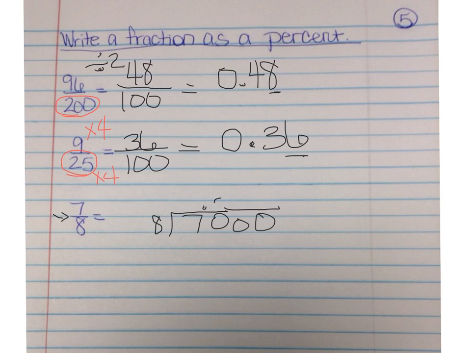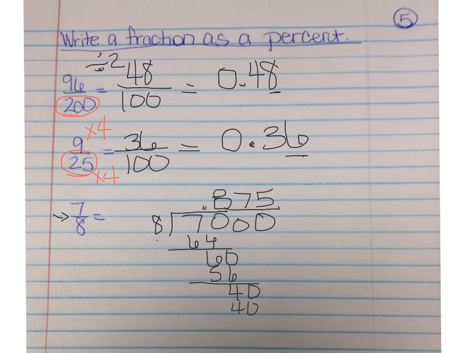Okay, so 8 goes into 70 8 times. That becomes 64. We subtract. 8 goes into 60 7 times, 56. And then we subtract again, we get 40. 8 goes into 40 5 times, and we are done.